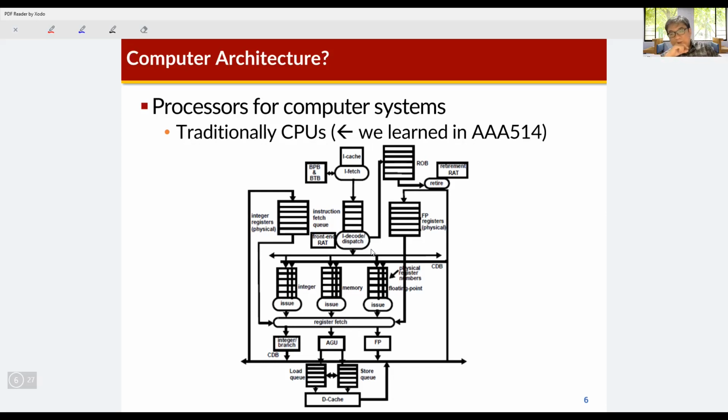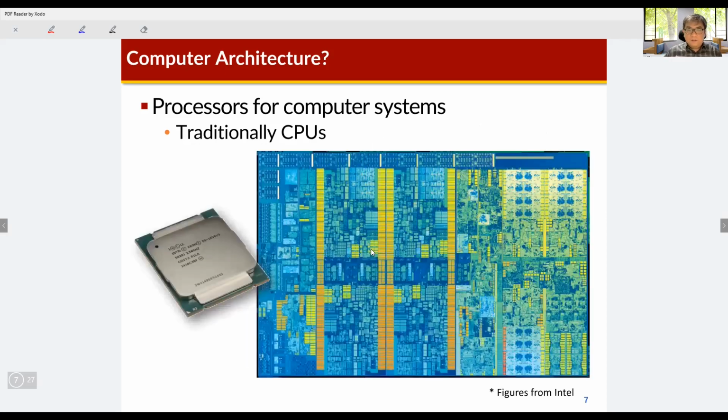But traditionally, when we talk about computer architecture, that means processor architecture. And traditionally, it means the architecture of the CPU. Like this. This photo shows the Intel Xeon chip, and the die photo of the Intel. Actually, this is the die photo of the Intel i7.